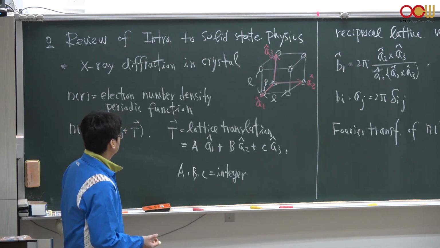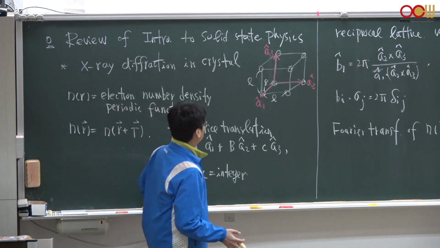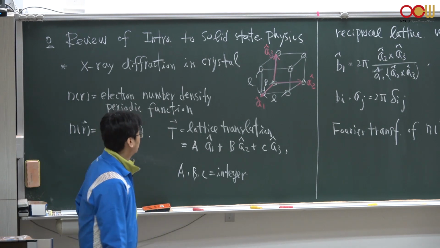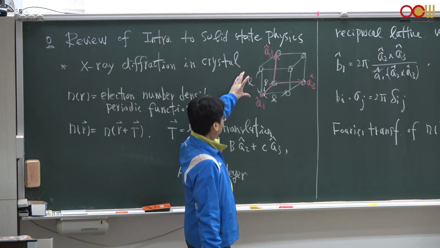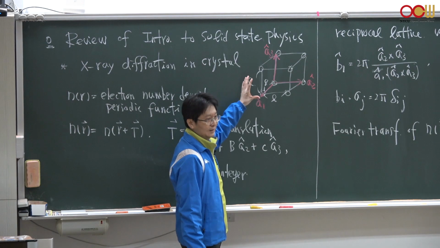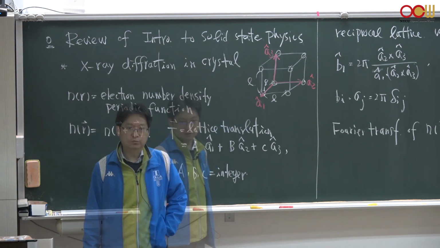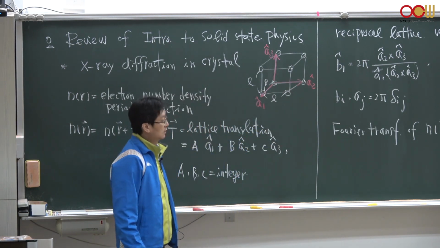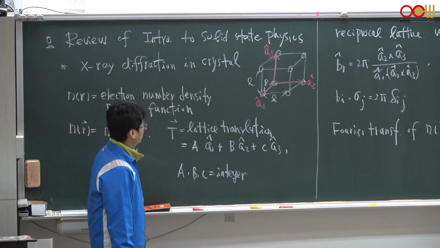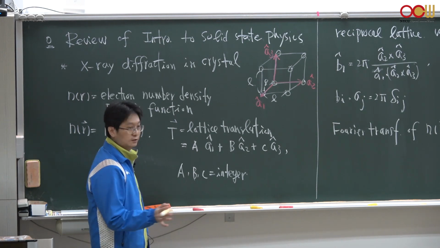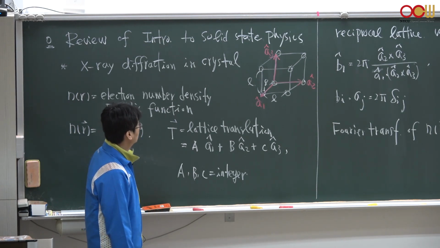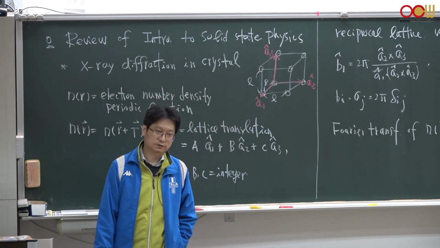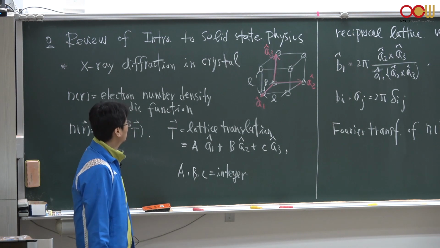And as I mentioned at the very beginning, the solid state system consists of many ions and electrons. They are periodically sitting on the lattice. For example, in the cubic lattice, where we have three unit lattice vectors a1, a2, and a3 pointing to, say, x, y, and z directions, and those open circles represent the ions or the atoms on the crystal.